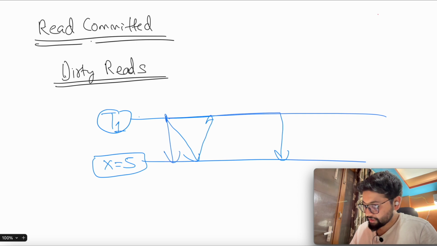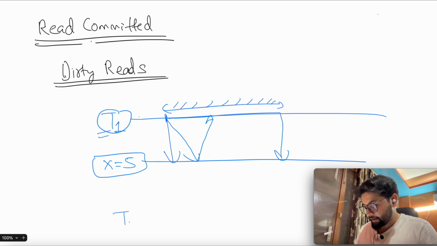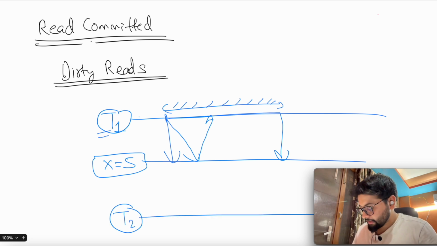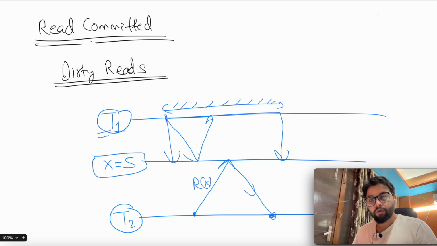From this point of time to this point of time, this data item X is held by this transaction T1, and if at that point a transaction T2 can perform a read on this data item X and successfully get a particular value, which was the value of X at that point, then this is called a dirty read.